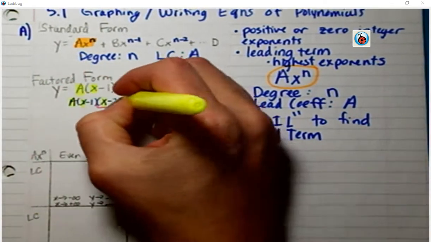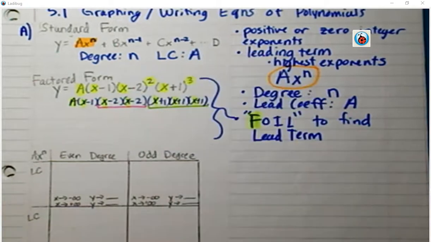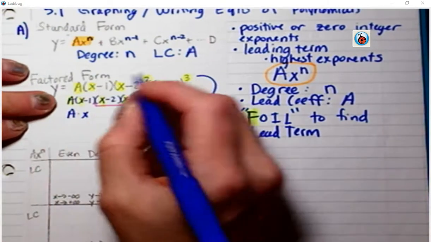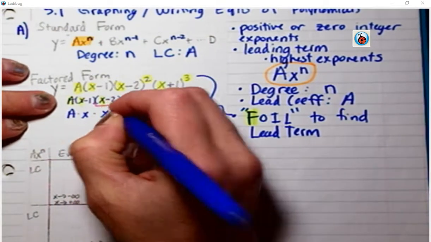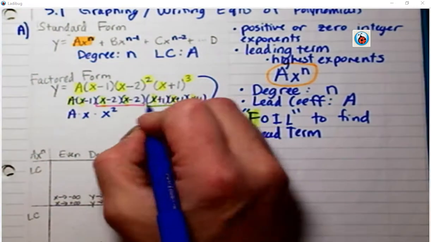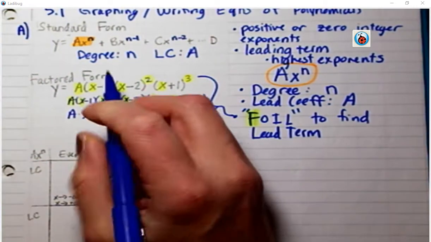That's all I'm going to take out. A times x. Now, I am going to say x squared because I don't really want to write this out every time. The pink is x squared because I had 2 of them multiplied. And the green is x cubed.